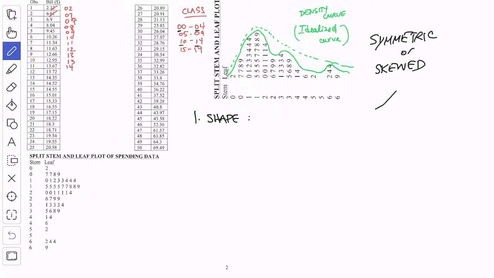So this is an example of symmetric. This one is not symmetric, right? So it's skewed. And we specify that it's skewed towards the high values. When it's skewed to the high values, it's on the right of the number line. So this is called right skewed.